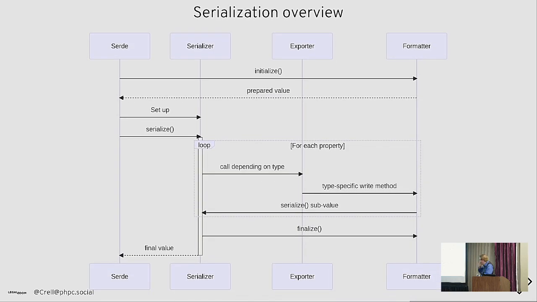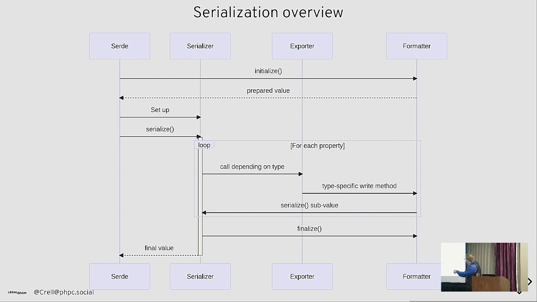The overall appearance of Serde itself is like this. You have the Serde object, Serde common, and it will initialize the formatter, which gives it some setup value. Then it creates a serializer object, which it passes all of its configuration and dependencies to. And that just loops over the properties of the object you're serializing.